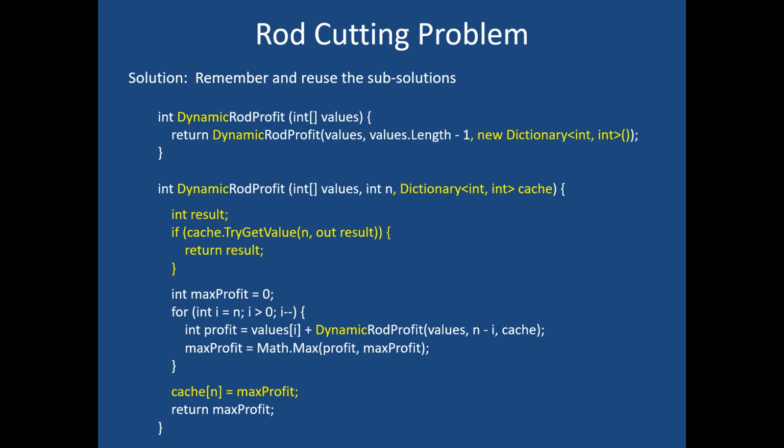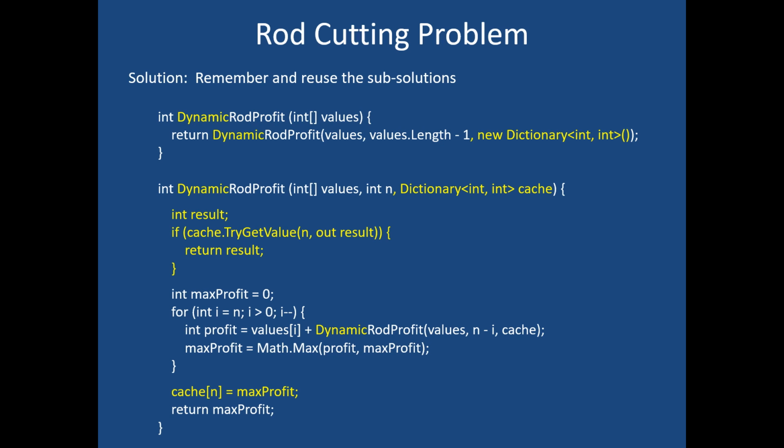And here's the idea. So the yellow is the changes. I've added a cache. So it's a dictionary, a hash map, and it maps from the parameters to rod profit, namely n. It maps from different values of n to the maximum profit you can get with something of that value. So let's see what happens.